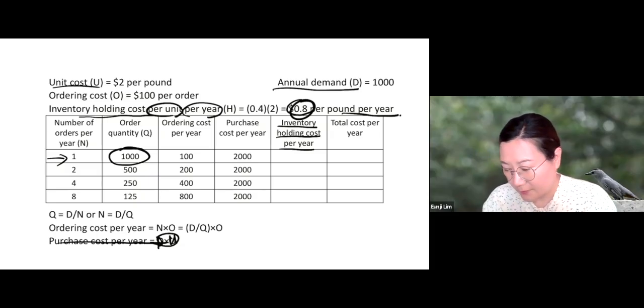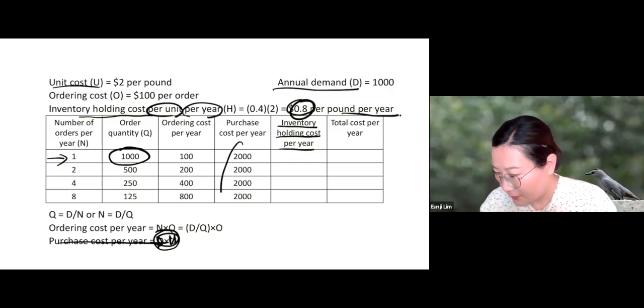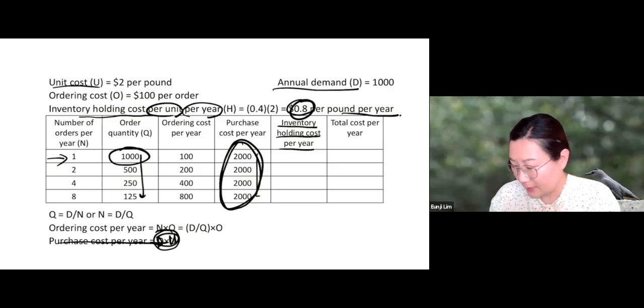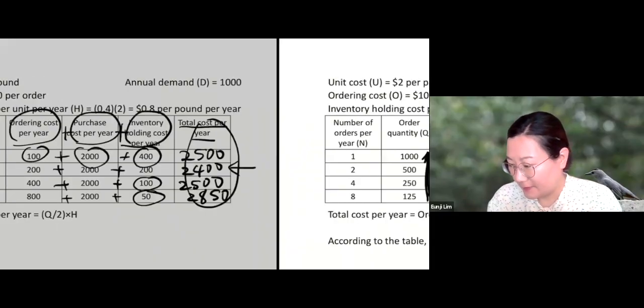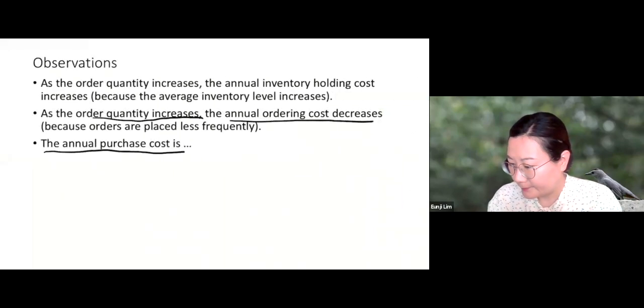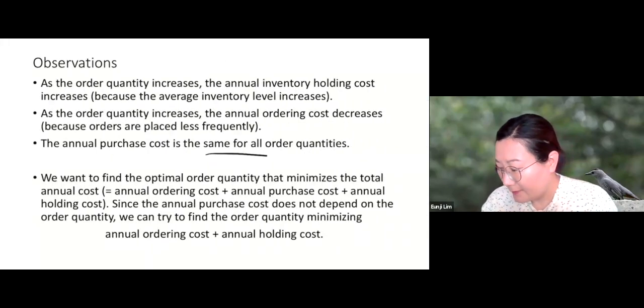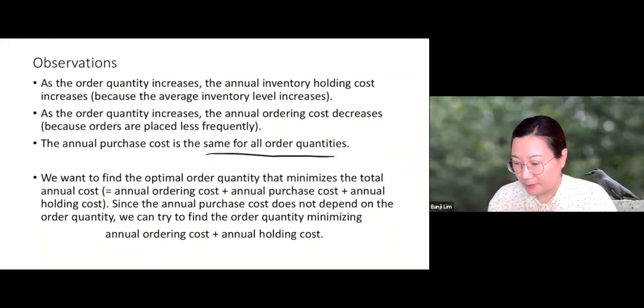This is a unit cost. So this quantity doesn't depend on the order quantity. If you look at this table, it's fixed. It doesn't change as we change the order quantity. So we can say that the purchase cost doesn't depend on the order quantity. It's a constant, the same for all the order quantities.